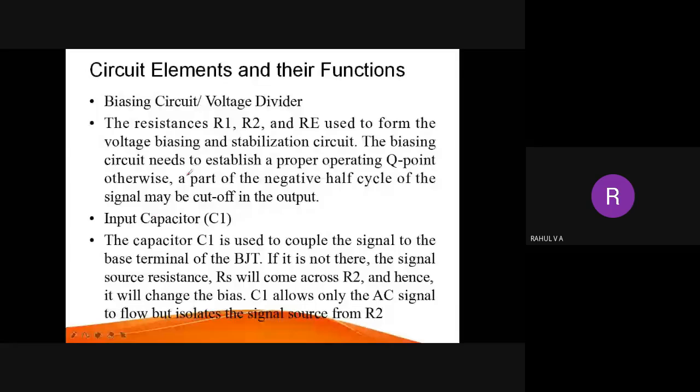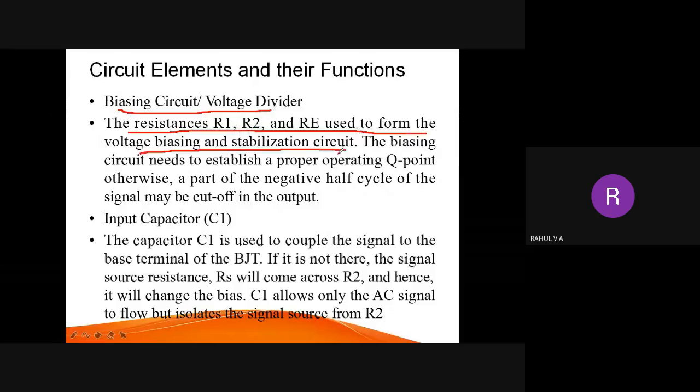Biasing circuit, a voltage divider. The resistors R1, R2 and RE are used to form the voltage biasing and stabilization circuit. That is, R1 and R2 are for voltage biasing and RE for stabilization.